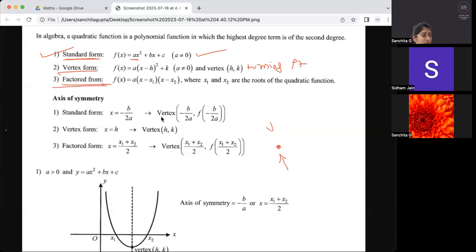Then we have factored form. Factor is nothing but the roots, right? Root can also be called a solution. Another term, you will have one more concept called zeros. Same concept. What all are these, root, solution, zeros?